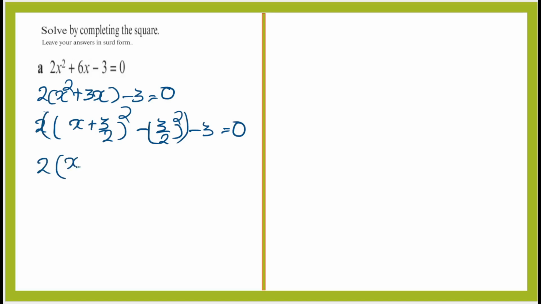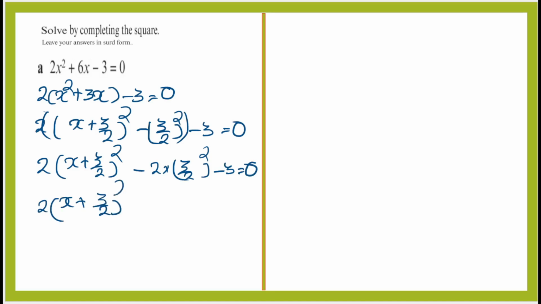Now 2 times (x plus 3 by 2) the whole square minus 2 times (3 by 2) the whole square minus 3 equal to 0. That is 2 times (x plus 3 by 2) the whole square minus 15 by 2 equal to 0. Now arranging, (x plus 3 by 2) the whole square equal to 15 by 4.